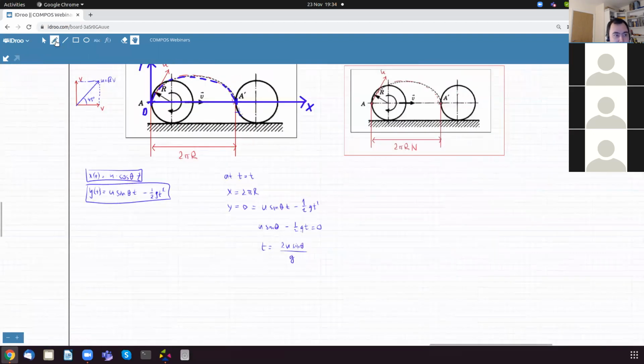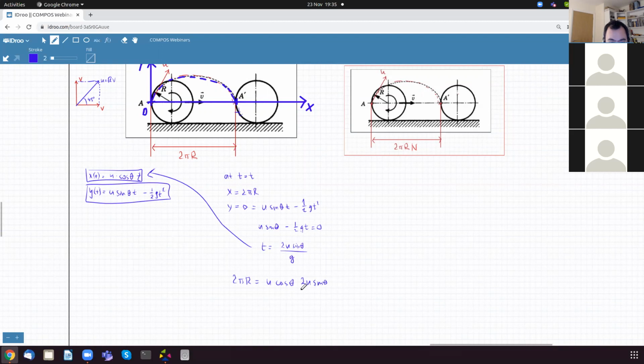Now, if you plug that into the first equation, you get 2 pi r is equal to u cos theta times t, that is 2u sine theta divided by g.